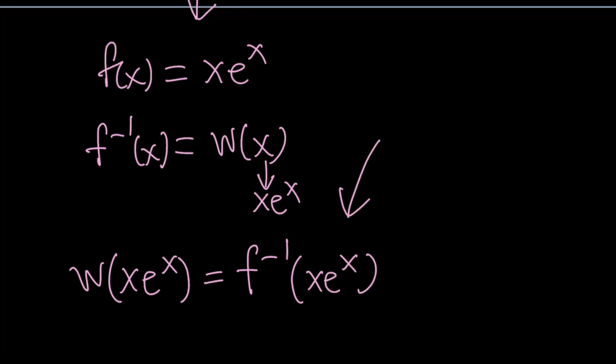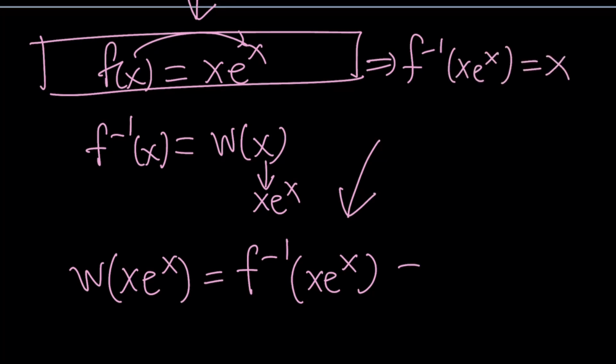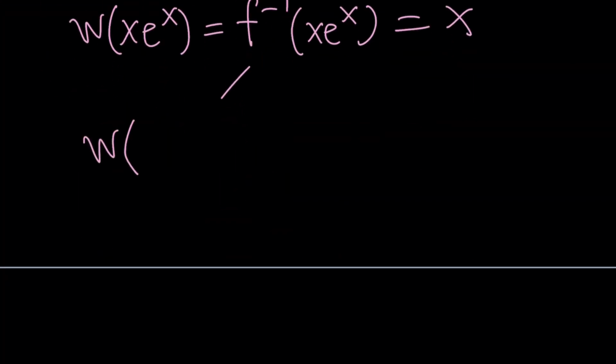Well, we do have an expression for this actually. Why? Because of the way we define f and its inverse. So if f is equal to that, then I can basically switch these around and get f inverse of x e to the x equals x. Forget about the f inverse thing. We can directly write this as a result, which is going to be helpful in our solution. W of x e to the x equals x.